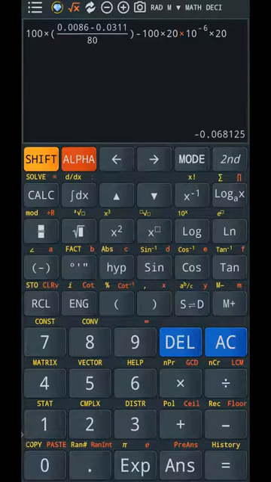Okay, so for the second one, we are getting this value. I will just write down that value directly. Can you guess what is the value? It is minus 0.0681 gigapascal.